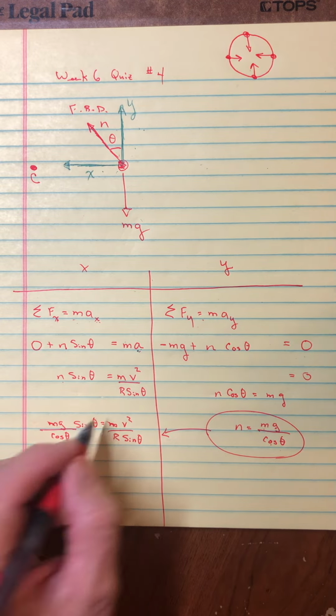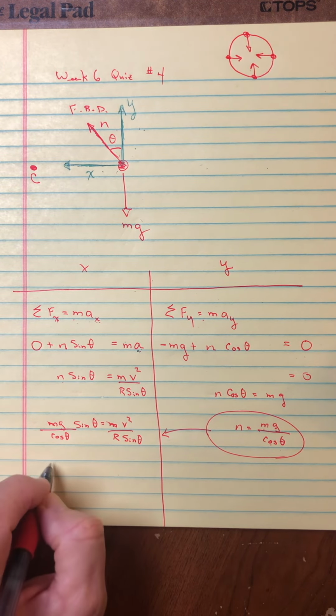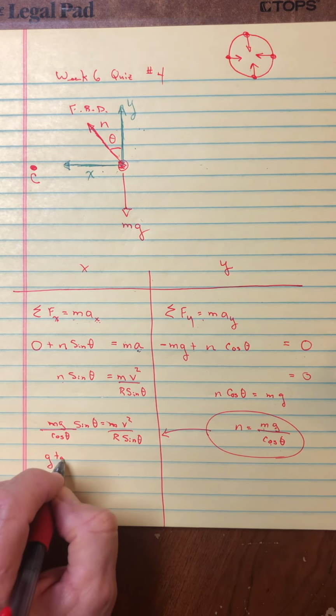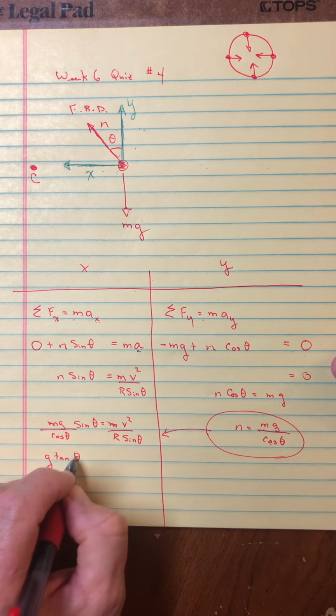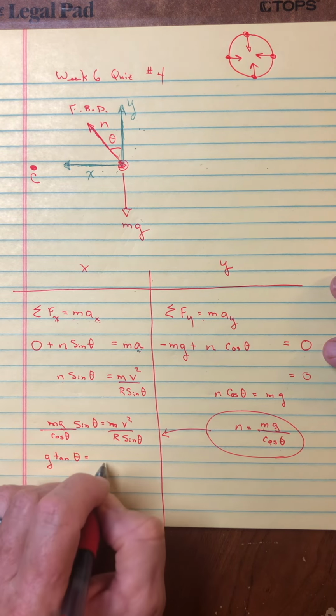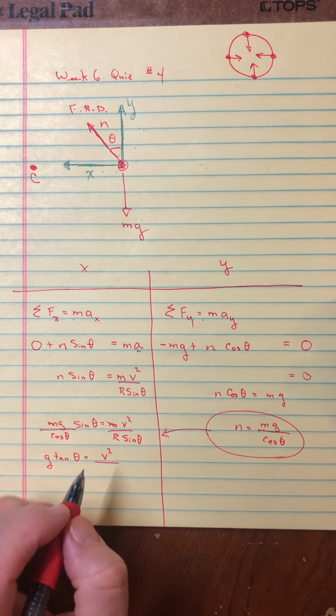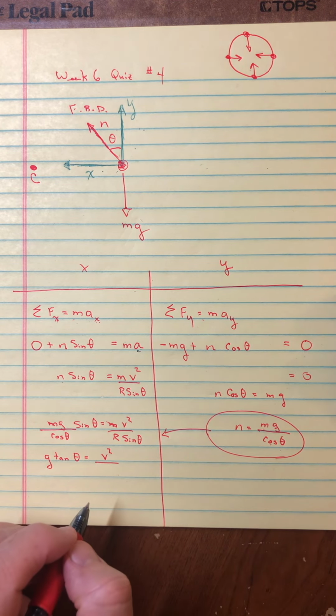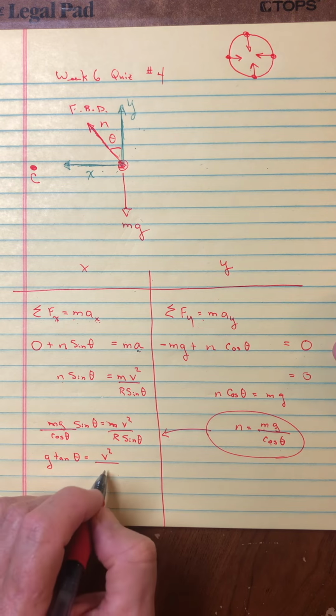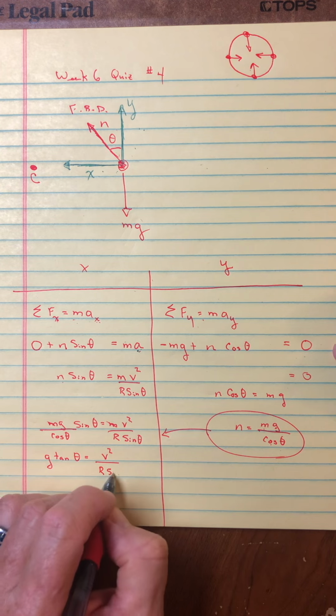Maybe I'd cancel off an m. Maybe I would then write this as g tangent of theta equals v squared over, I'll just put, r sine theta.